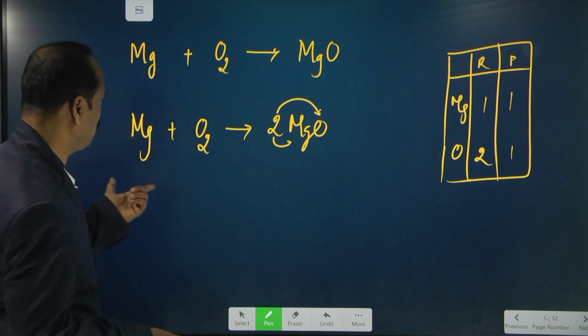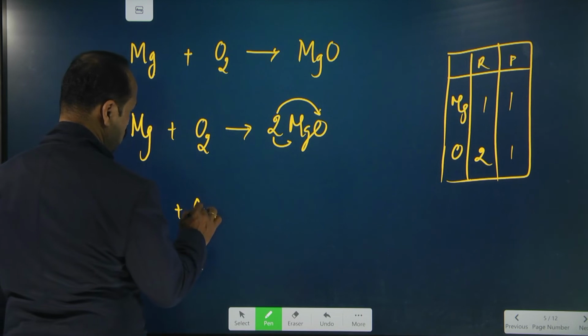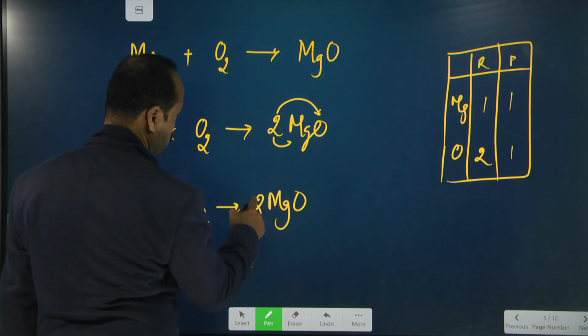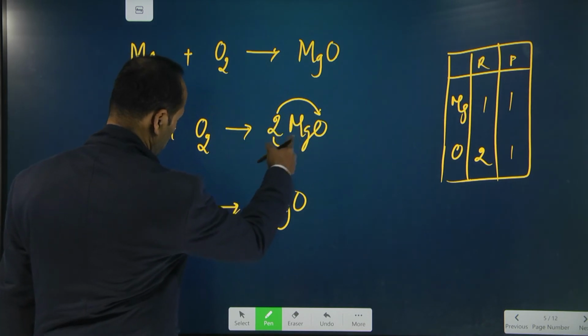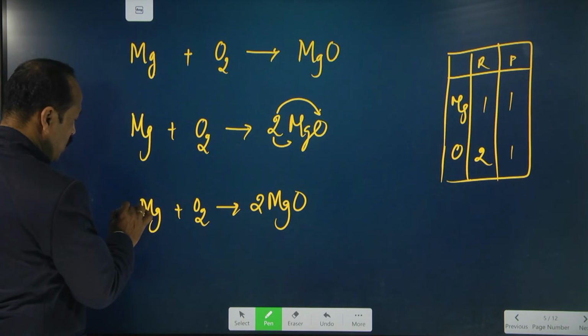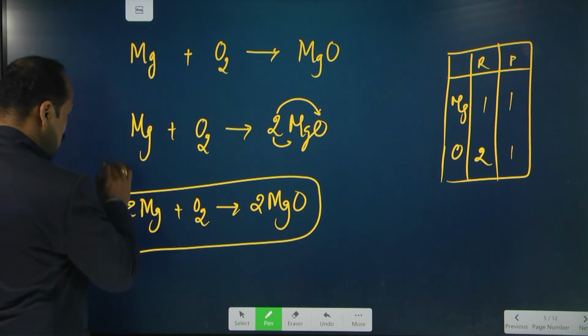So now in the next step, what do you have to write? Mg plus O2 gives rise to 2MgO, right? Here two oxygens are there, two magnesiums are there. Two oxygens are there. You have to balance two magnesium, so here you can write the 2 in front. It should always be written in front of the compound only, as a coefficient.